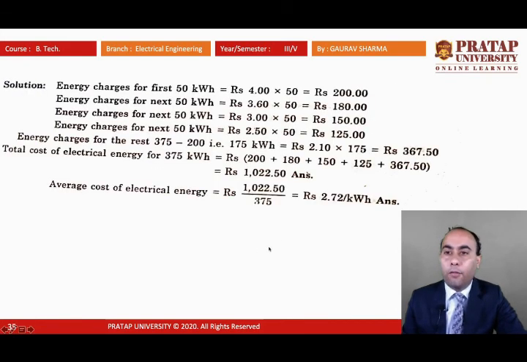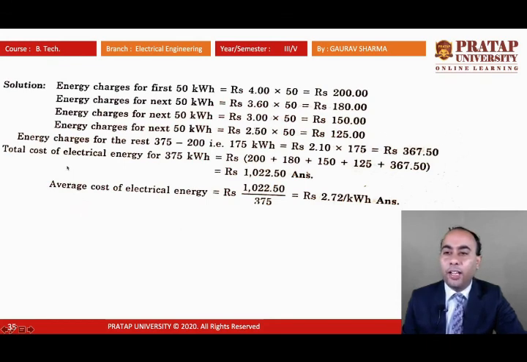So for the energy cost, we calculate for the first 50 kilowatt hour, the next 50, again the next 50, and the next 50. The energy charges for the rest we calculate as 375 minus 200, and so we get the energy cost for the remaining.